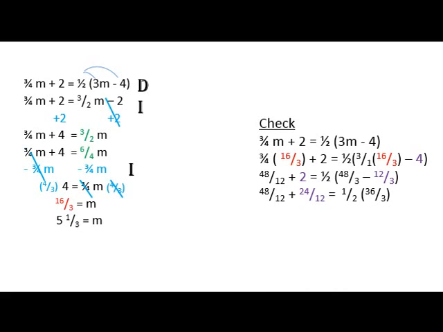In the next line, I've dropped the 48 twelfths down, changed the 2 into 24 twelfths so I can add those fractions, and I've combined my like terms in my parentheses. 48 minus 12 is 36/3. Combining the fractions on the left, I get 72 twelfths equals 36/6. 6 does equal 6, and so my answer checks out.